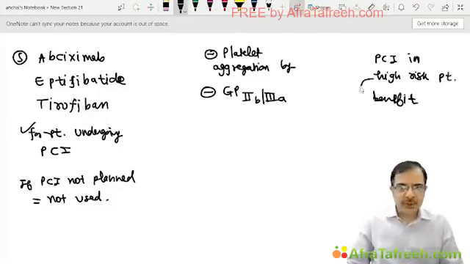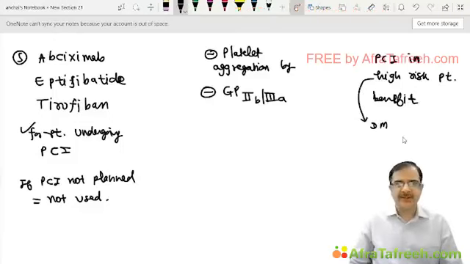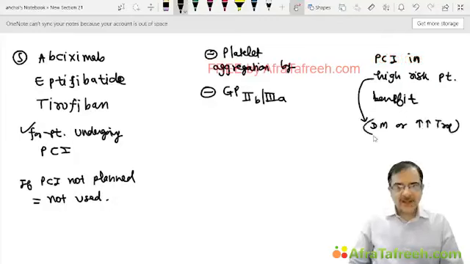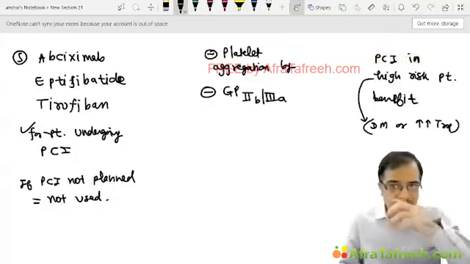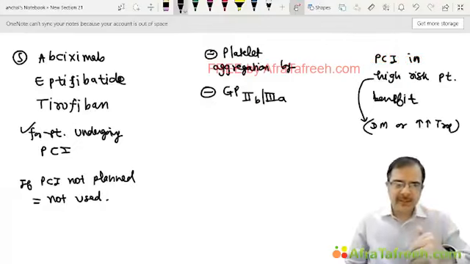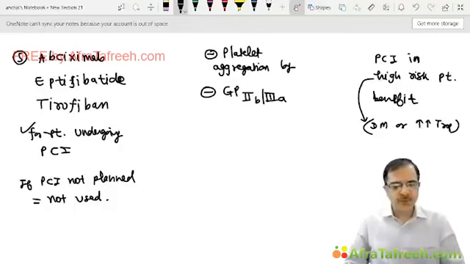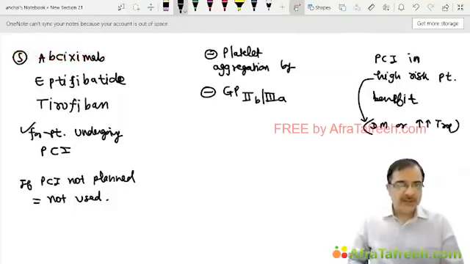What is a high risk patient? A patient who has diabetes mellitus or very high levels of troponins. In those very high risk patients, they are beneficial, with more benefit than side effects.